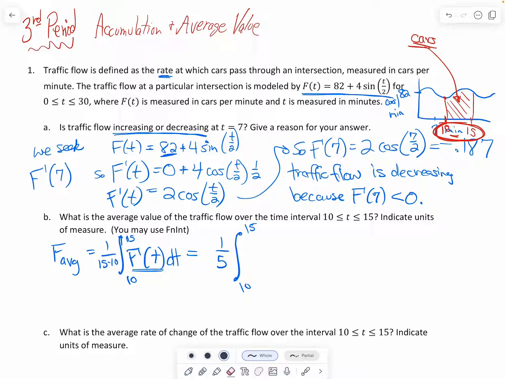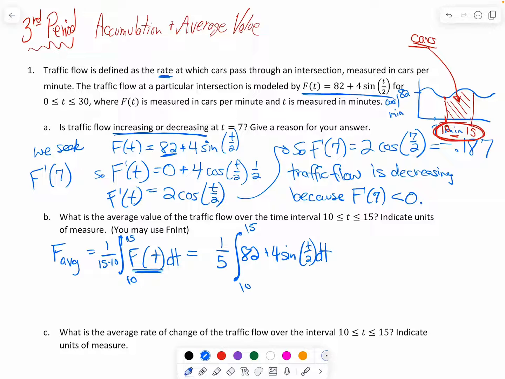I think this is just big F of t. I think that's just 82 plus 4 sine t over 2 dt. Yeah, we want the value of that function, which is already a rate.